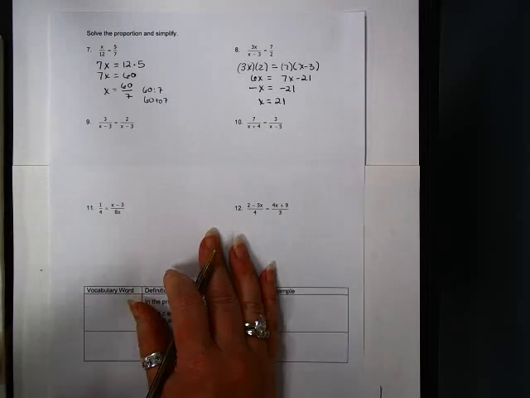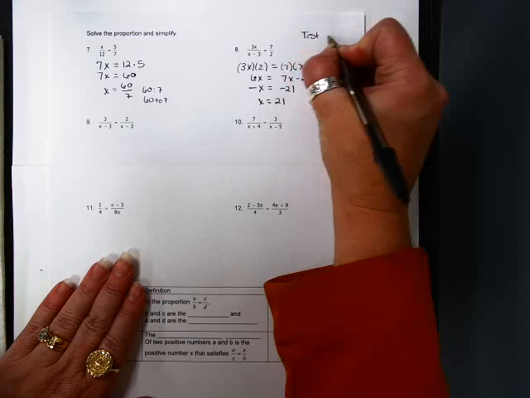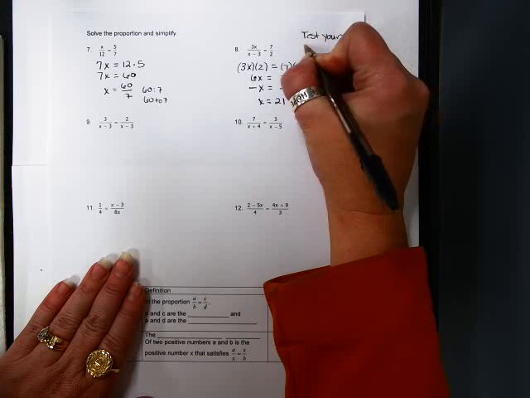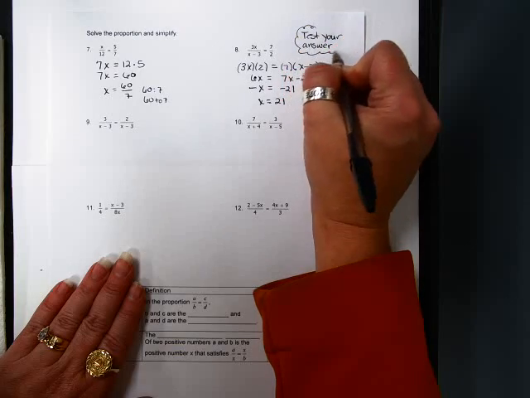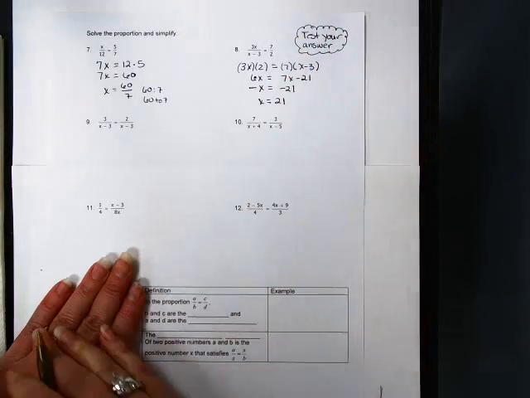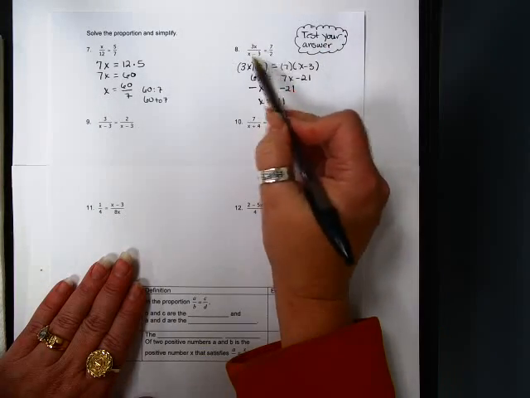Is this a proportion? So write that up here. Test it. Test your answer, just to remind yourself that you have to do that. It's called a limit. Is this a proportion?